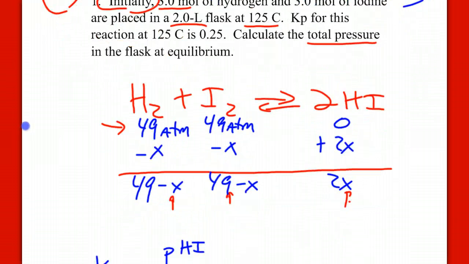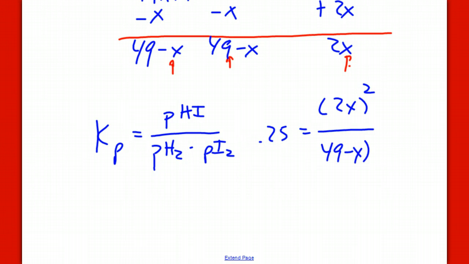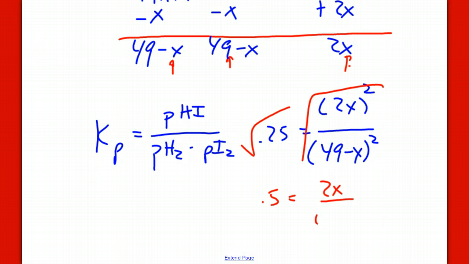Kp is equal to 0.25, so 0.25 equals 2x quantity squared over 49 minus x times 49 minus x. So now I'm going to take the square root of both sides, and I'm going to get 0.5 equals 2x over 49 minus x. And boy, don't you love your math teacher now?